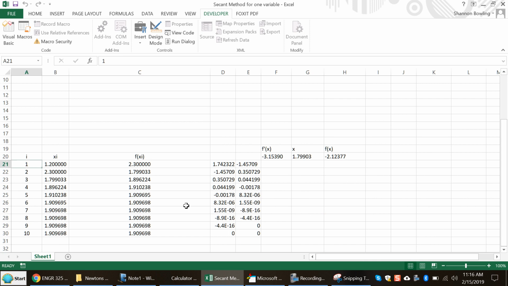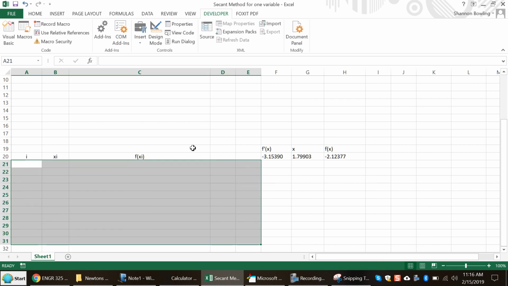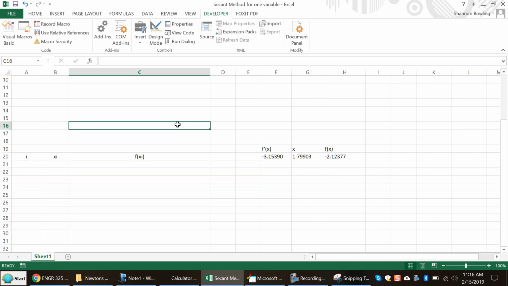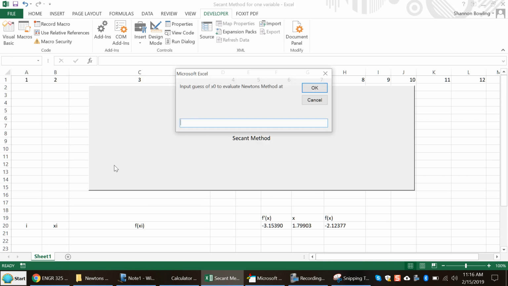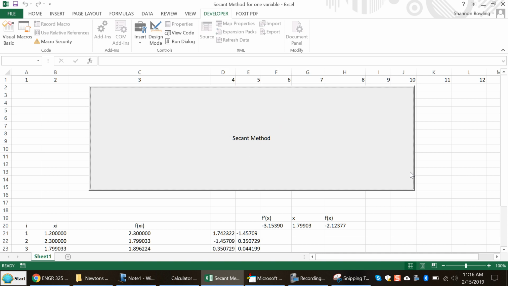Okay, I know the problem. The problem is we're running out of digits. So essentially we're getting divide by 0 because the numbers are getting too close. So if I just do 1.2, 2.3, I don't have any problem.